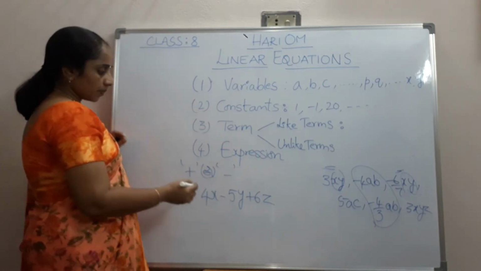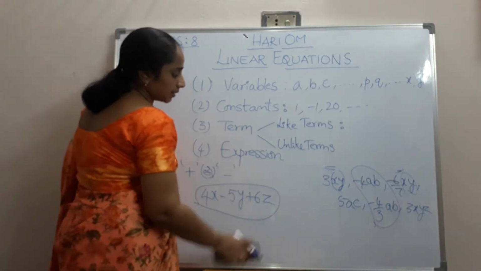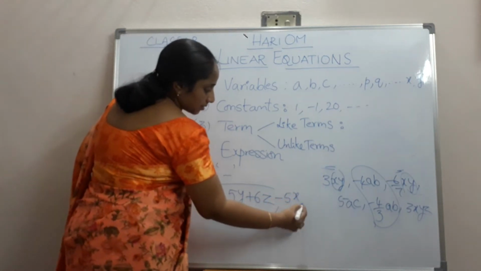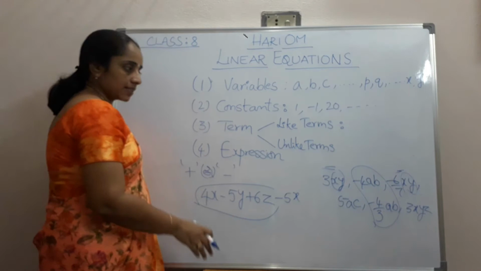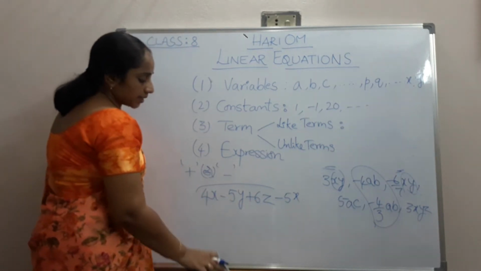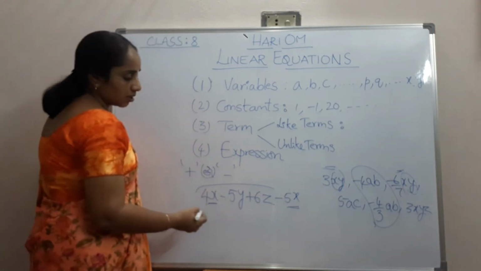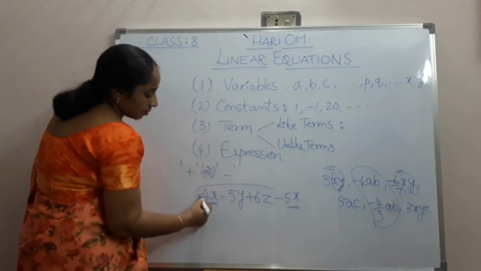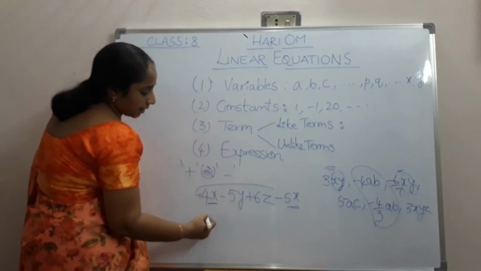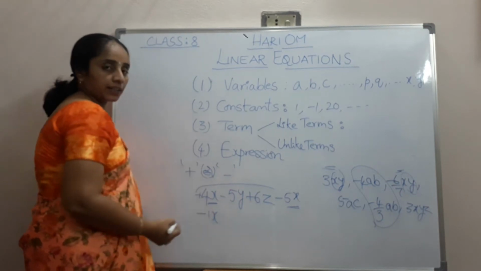So in this algebraic expression, if we have any other term, say minus 5x, then there is a chance to simplify this expression. What is that? Here we have these two like terms, one is positive, the other one is negative, so we can subtract. By subtraction we will get 1x, that is minus 1x.